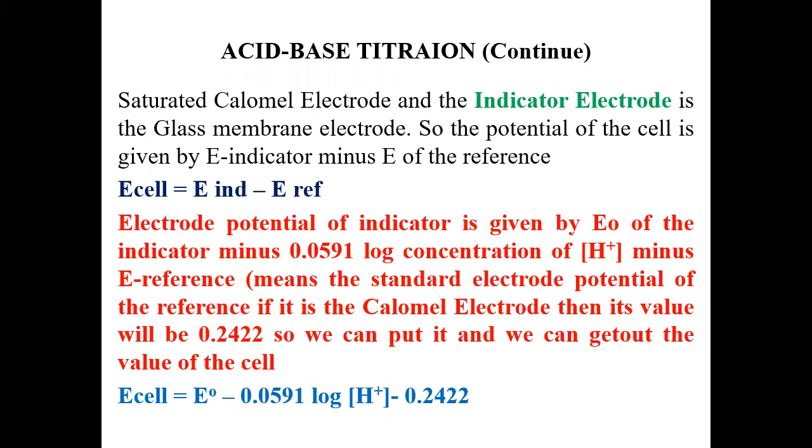The electrode potential of the indicator is given by E naught of the indicator minus 0.0591 log concentration of hydrogen ion, minus E reference. It means the standard electrode potential of the reference. If it is the calomel electrode, then its value will be 0.2422. So we can put it in and get the value of E cell. So this is the equation of E cell.